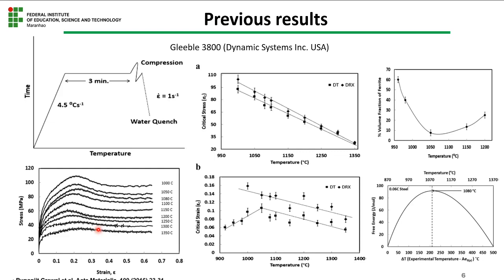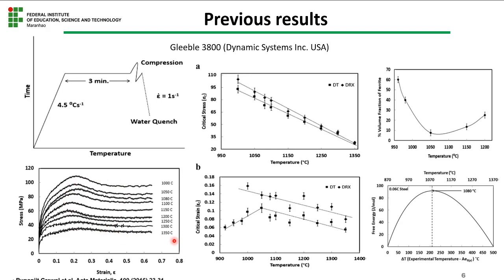And we calculated the critical stress for the onset of dynamic transformation and also the critical strain. To calculate this, we take the stress strain curve, apply the first derivative, and apply the second derivative.